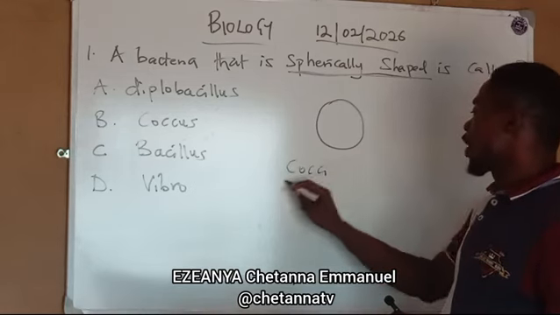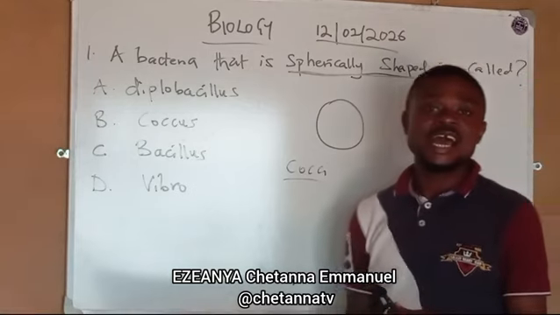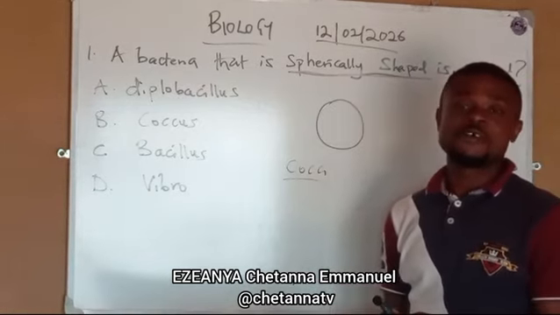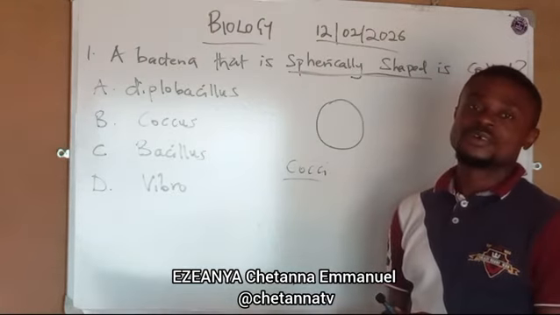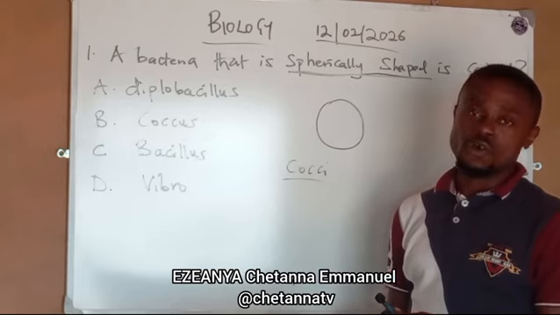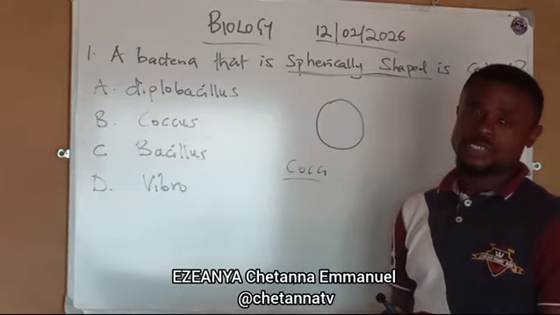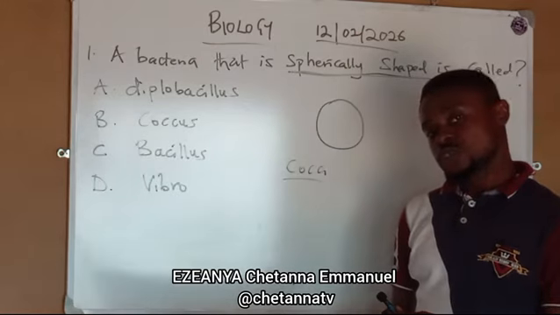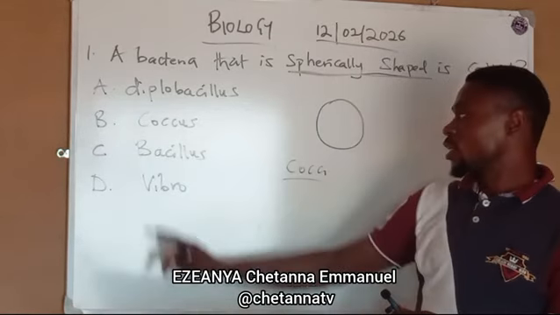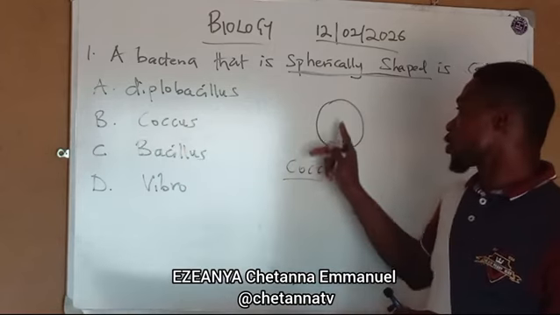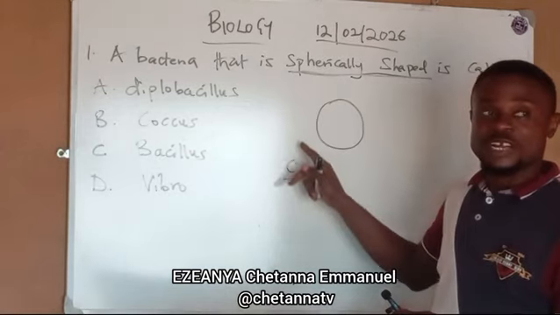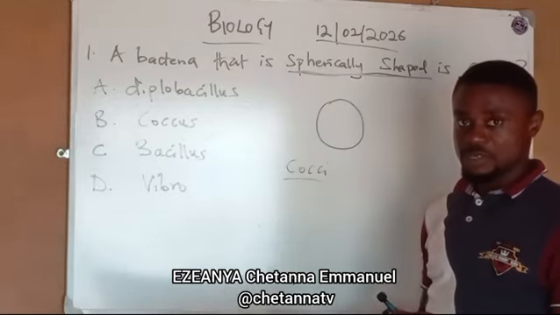If you hear a name like staphylococcus or streptococcus, that coccus signifies that the bacteria has a spherical shape.